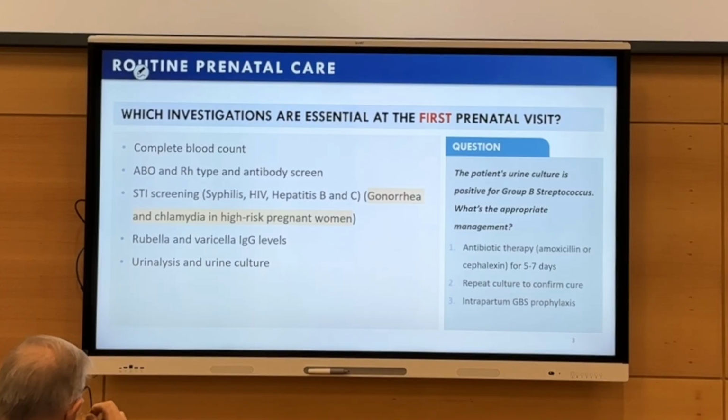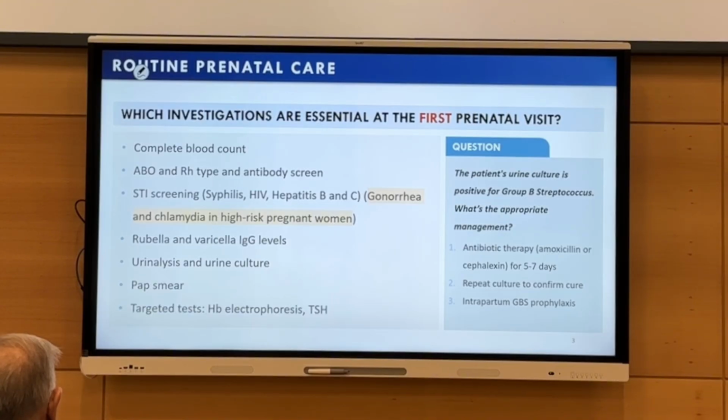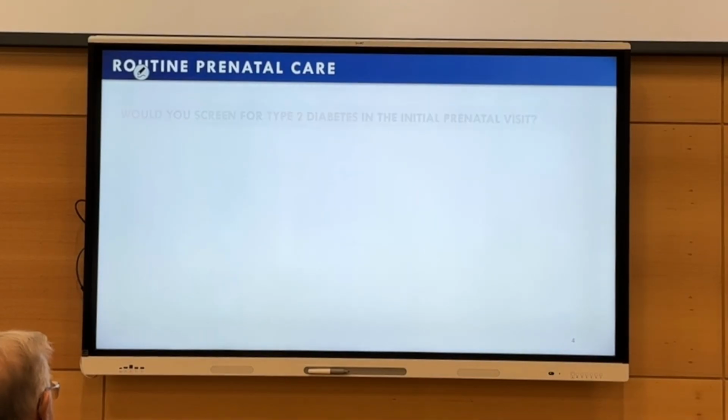So antibiotic therapy for treatment of bacteriuria, and then you repeat culture, and she requires intrapartum GBS prophylaxis with penicillin. This is a must, regardless of the GBS culture at the third trimester. GBS bacteriuria is an indication for intrapartum prophylaxis. Vaccines only if she's due, and targeted testing like hemoglobin electrophoresis and TSH can be done depending on the case.